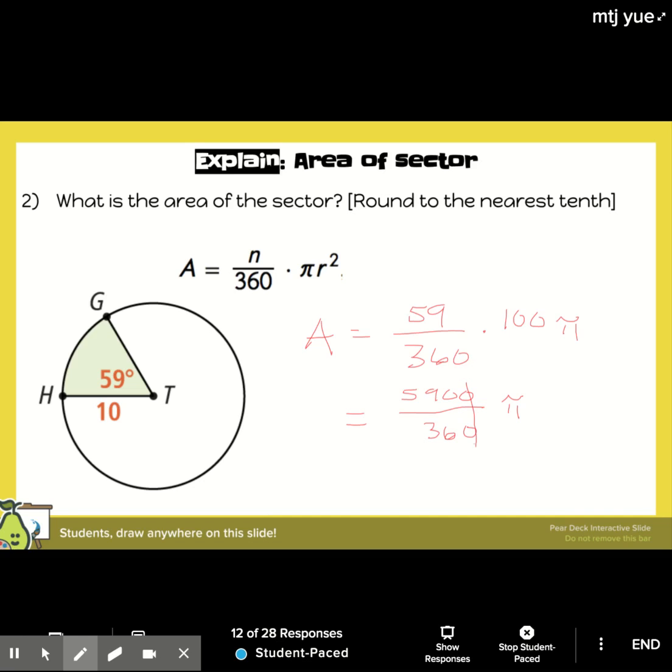And so now is where I need to go in and simplify, right? And so I could divide 36 into 590 to figure out what I'm going to get. And that's pretty much how you're going to end up simplifying. Figure out what they have in common, what are common multiples of 36 and 590. And our final answer here will equal 295 divided by 18 pi. Right?